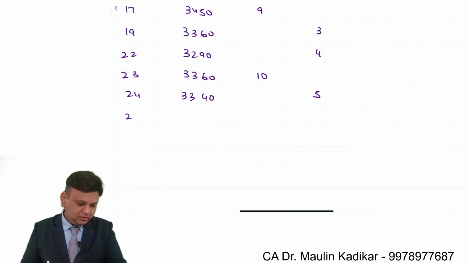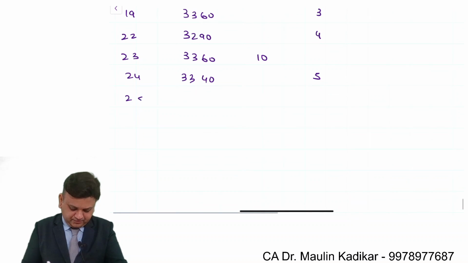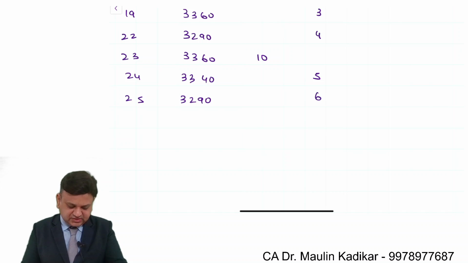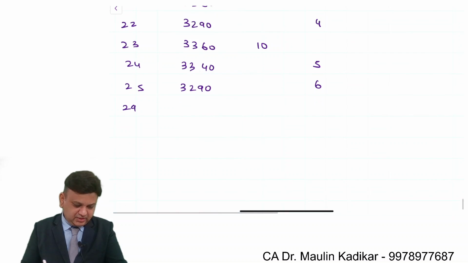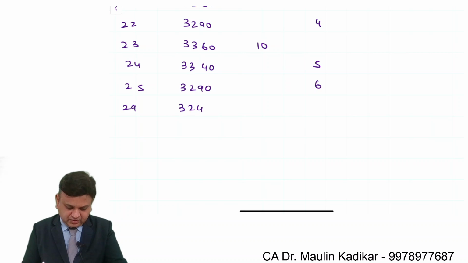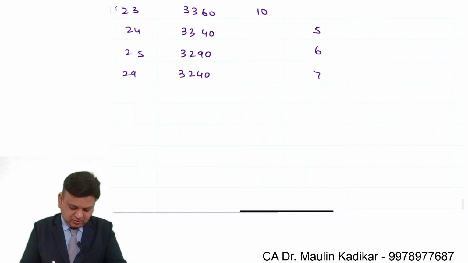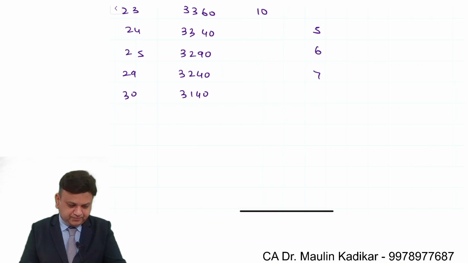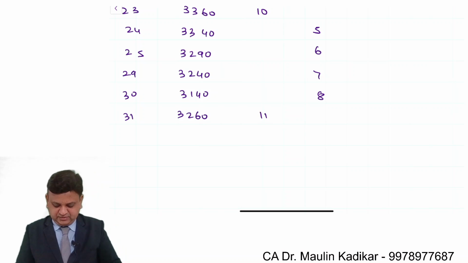On 25th, 3290. Price is again falling down. 29th, 3240. So it is 7. On 30th, 3140. So it is 8. On 31st, 3260. Price is going up, so it is 11.